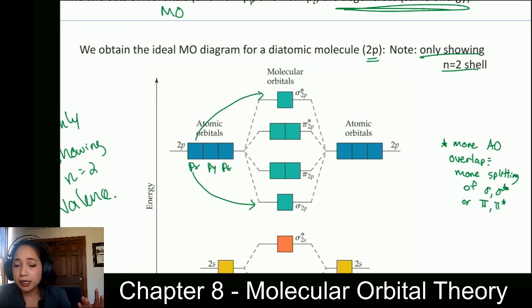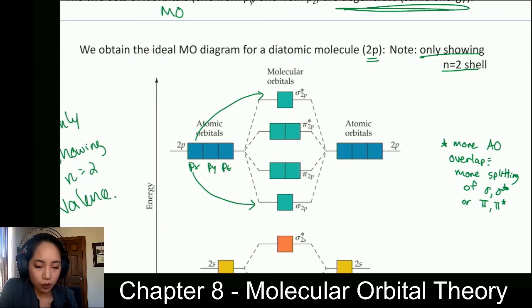Since a sigma bond has much more overlap, the energy difference between its stabilizing bonding and destabilizing antibonding orbital will be more. So that's what you see here, that the sigma and sigma star split way more than the pi and the pi star, because our pi interaction is side by side, so there's less overlap. So the constructive and destructive difference is less.